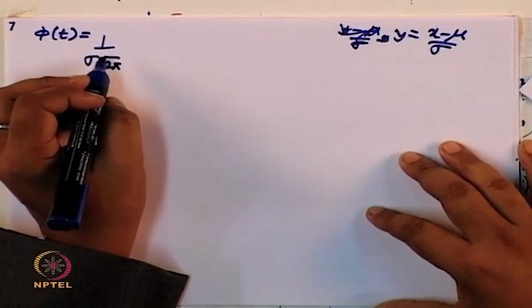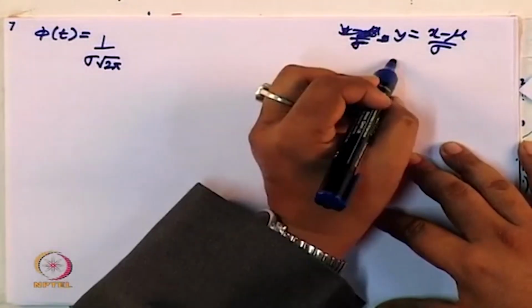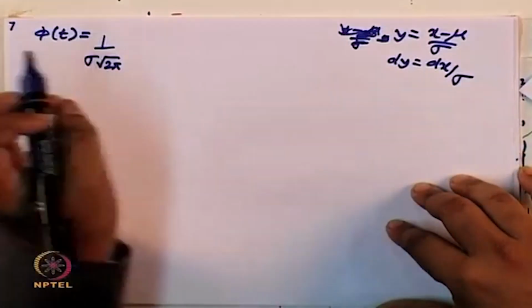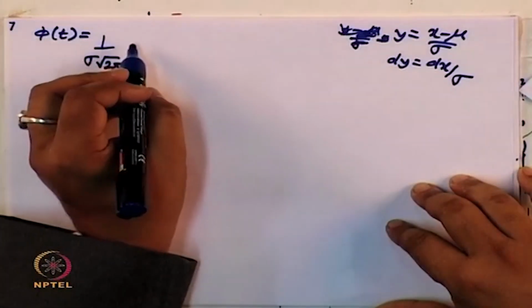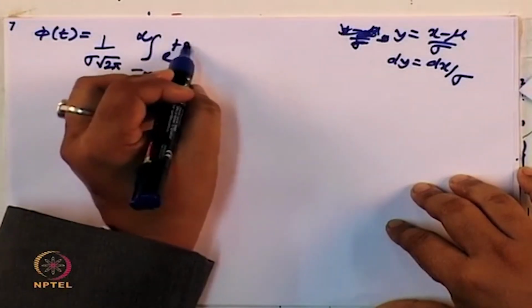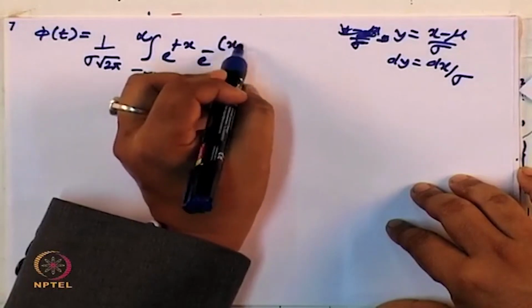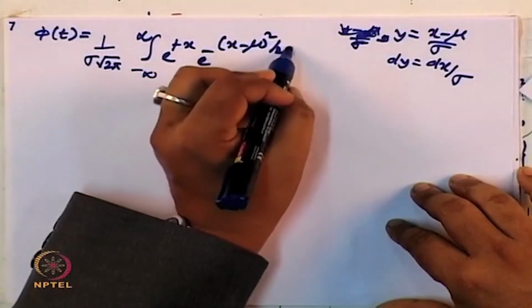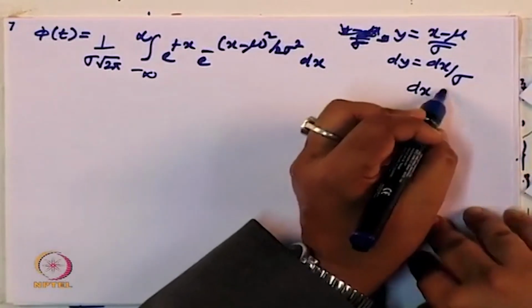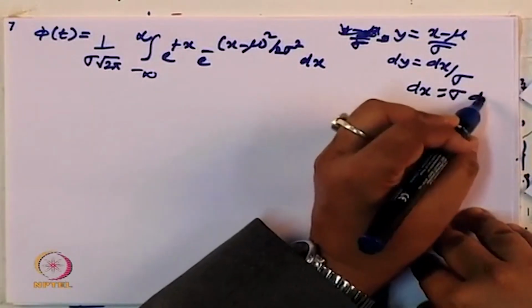If I put this, then my dy is equal to dx by sigma. So, I can convert the integral: e to the power t x, e to the power minus x minus mu whole square by 2 sigma square, into dx. This would mean my dx is equal to sigma into dy.